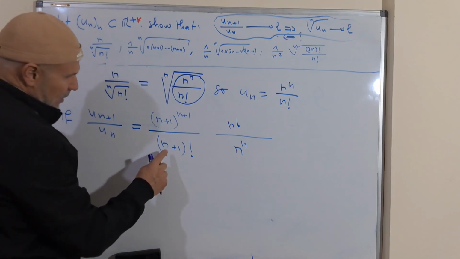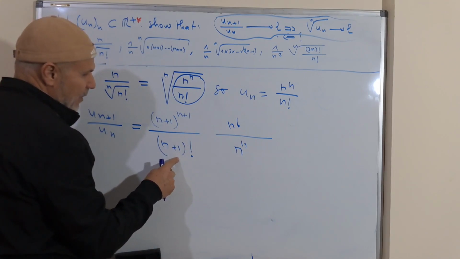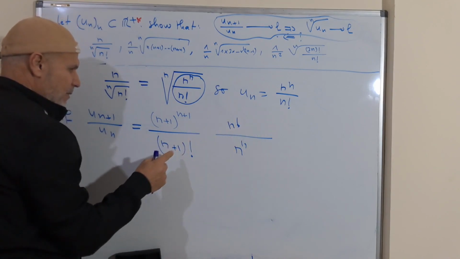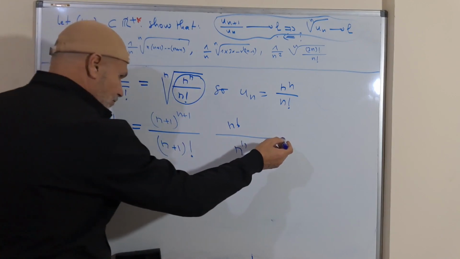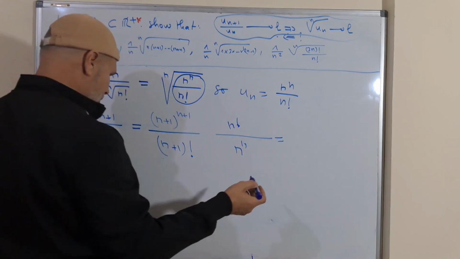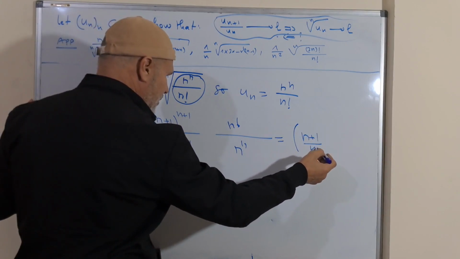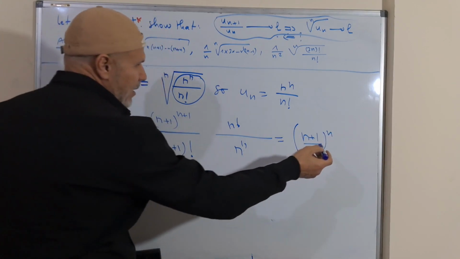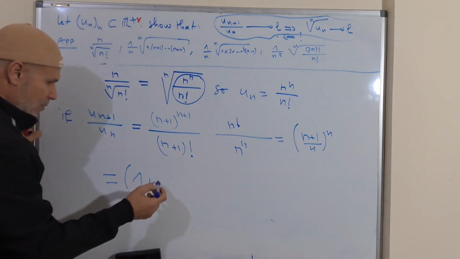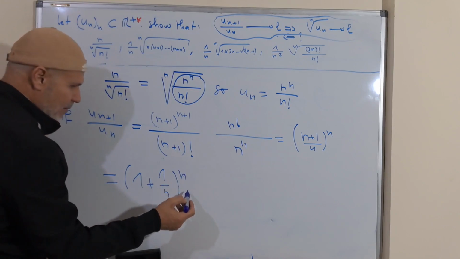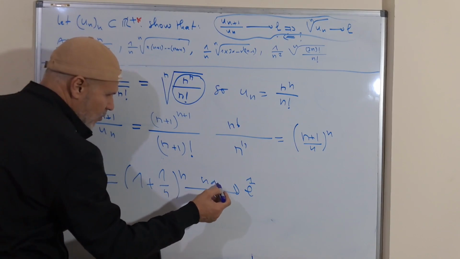We remark that n plus 1 factorial is n plus 1 times n factorial, so it cancels with n factorial, and n plus 1 with n plus 1. The final result is n plus 1 over n, to the power n, which is 1 plus 1 over n to the power n, and converges to exponential 1 when n goes to plus infinity.